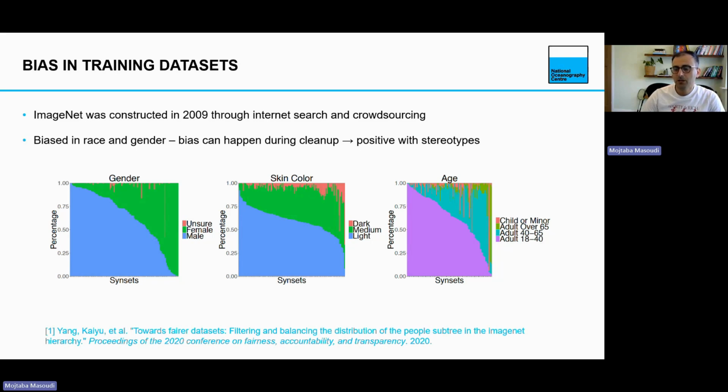You can see, for example, that data relevant to males is more than for females in the datasets. For example, if you search for banker, you will get more males than females. That can be problematic for a typical machine learning model. They also mentioned that bias can happen during the cleanup as well, so annotators can give a more positive response to stereotypes.